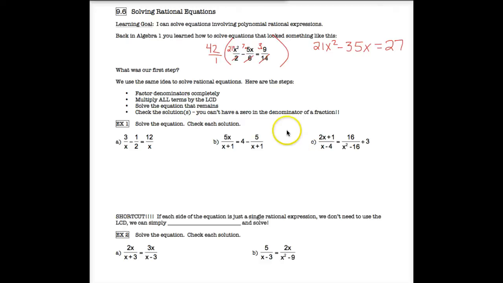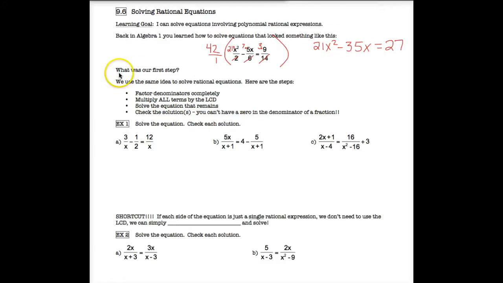Now, if you look at that, we have made this equation much, much easier to solve because now this is a quadratic. And I really hope that by now we know how to solve any quadratic equation. We can get it equal to 0 and factor, use the quadratic formula, complete the square, all of those good things. So this we should be able to solve relatively easily.